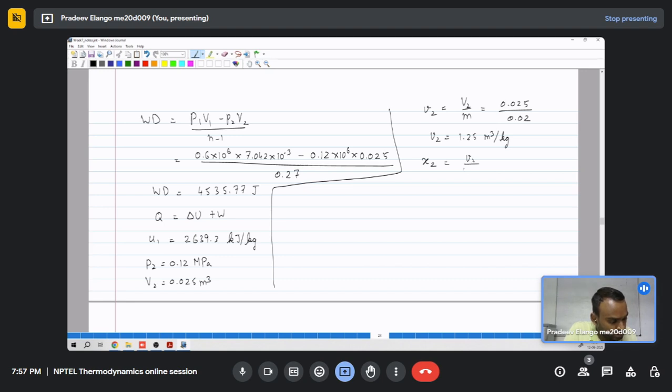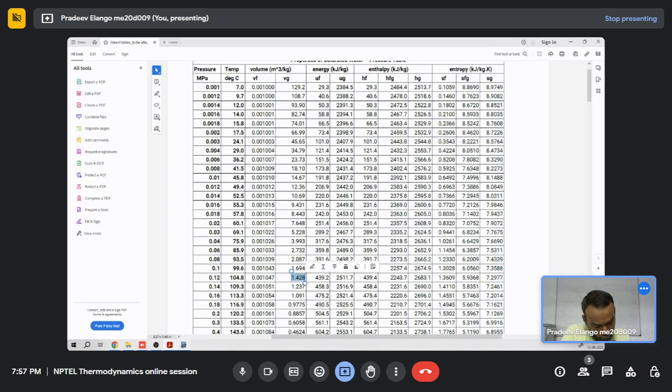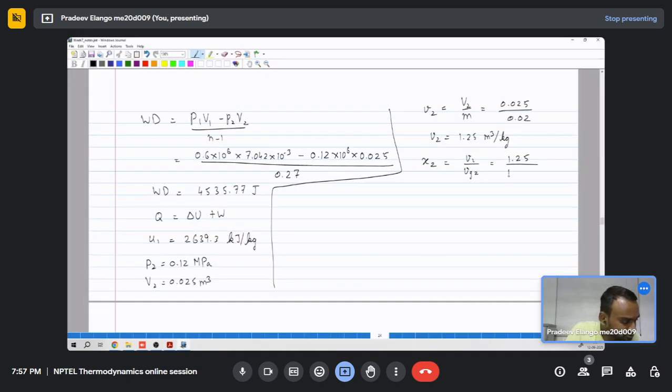So x2 is V2 by Vg2, that is 1.25 divided by 1.428. And calculate it, the dryness fraction. Sir, getting 0.875. Now u2 is equal to uf2 plus x2 into ug2 minus uf2.